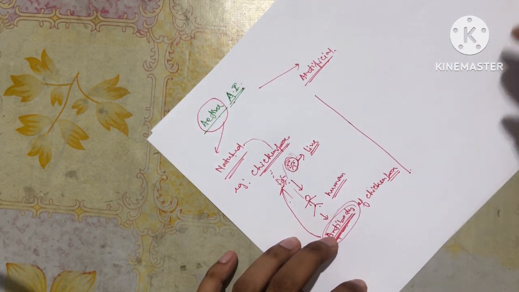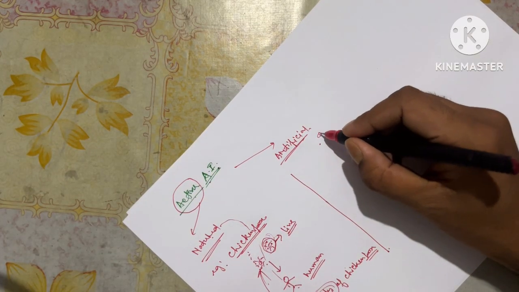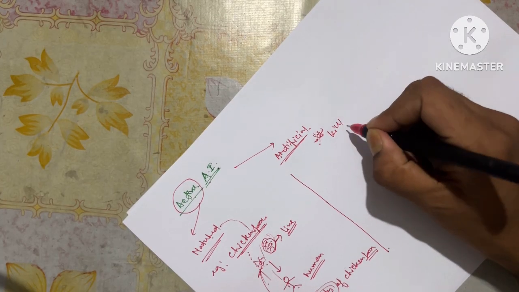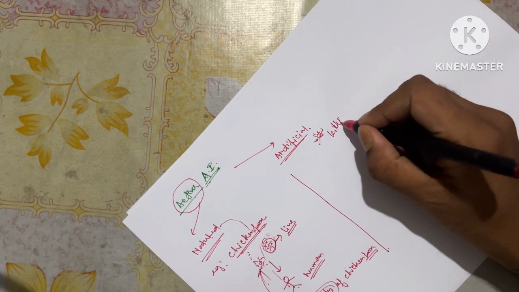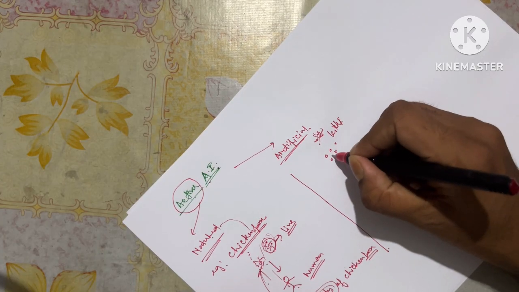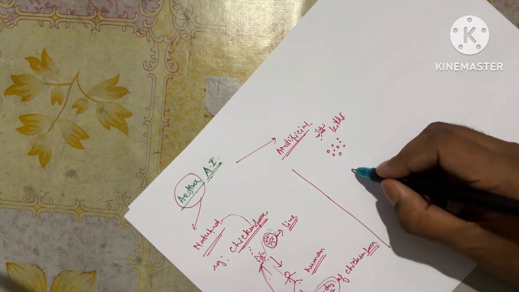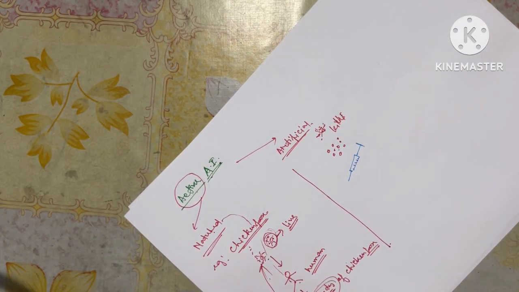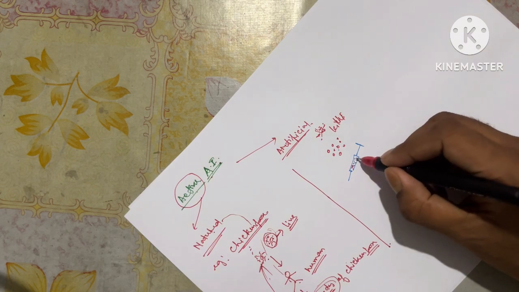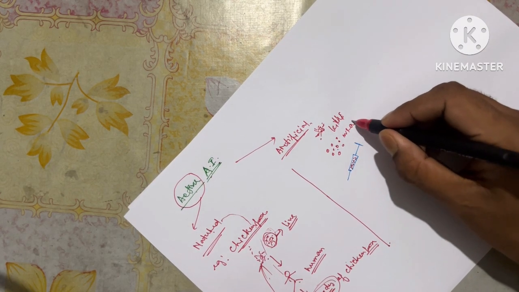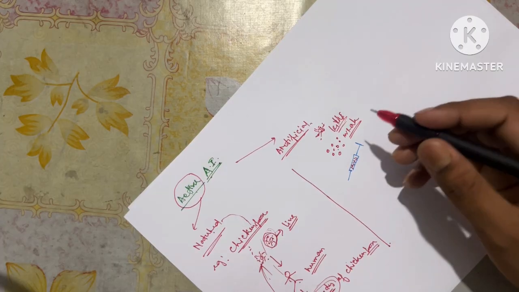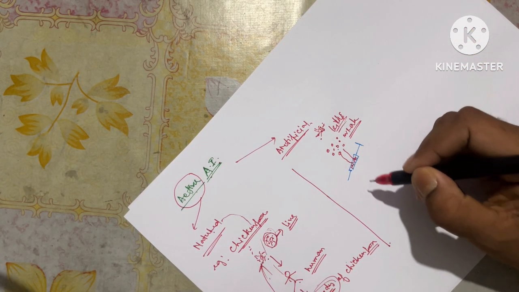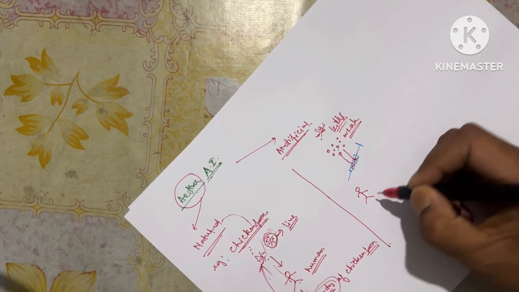Now we will see what is artificial. Suppose this is another chickenpox or any other pathogen, and we kill the pathogen. These are small fragments of those pathogens, and we take an injection and enter those small, dead, very weak, killed body fragments of some pathogens into it, and then give that injection to this human.